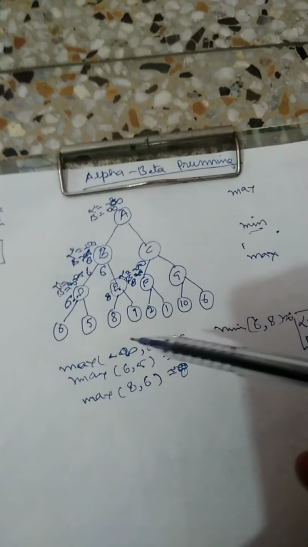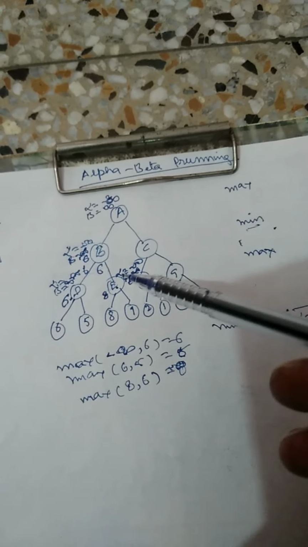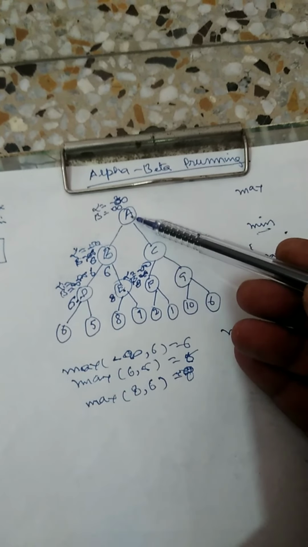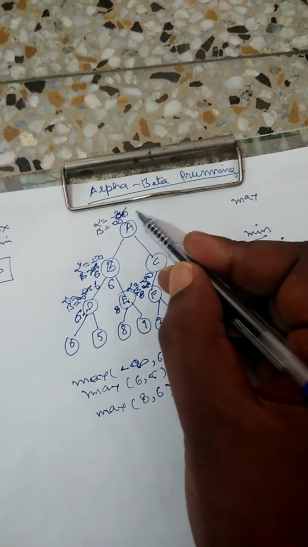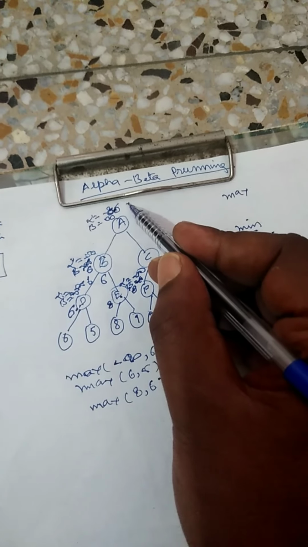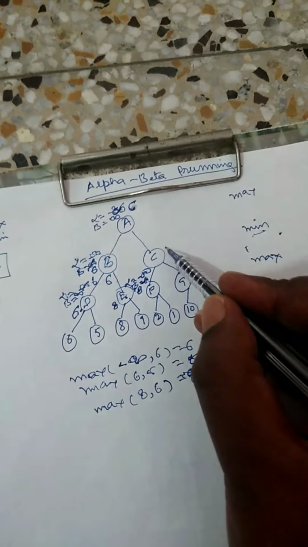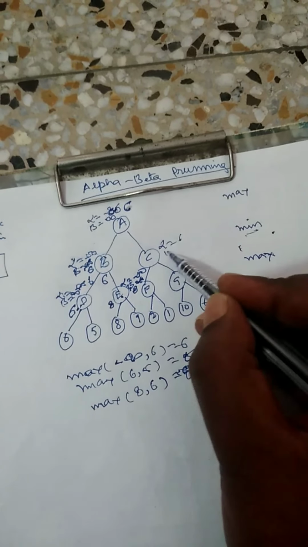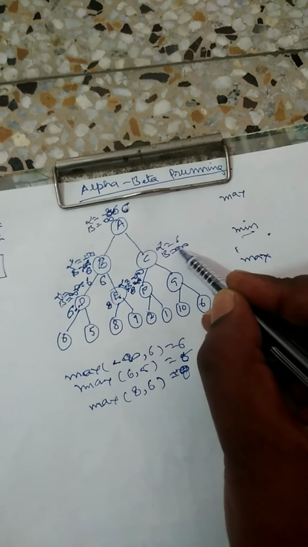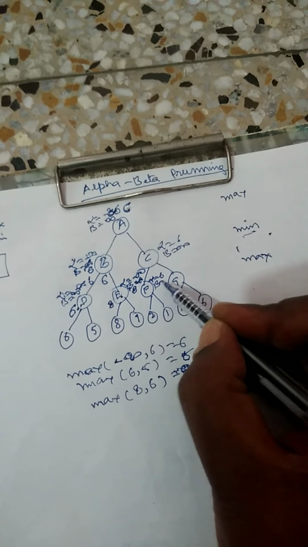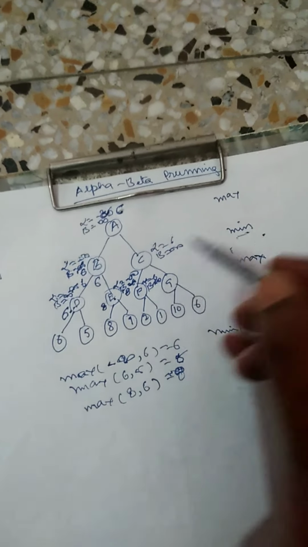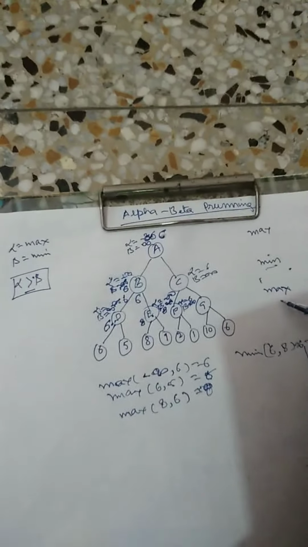Every time you do this calculation, you simply write the node value there. Now move this value upward. This is max, and max means only alpha will be affected. The maximum of minus infinity and 6 is 6. We move this value: alpha equal to 6, beta equal to infinity. In the max case alpha will be affected.